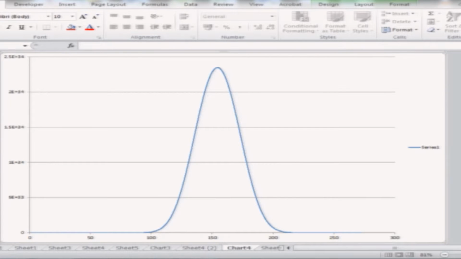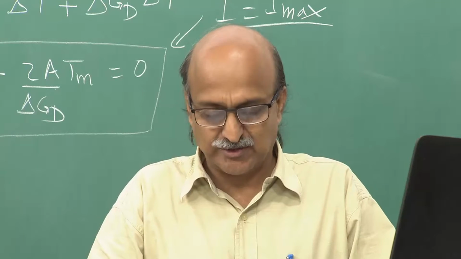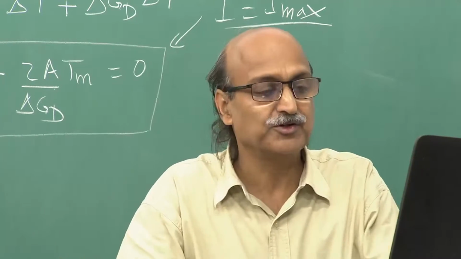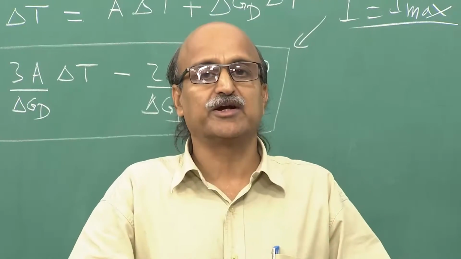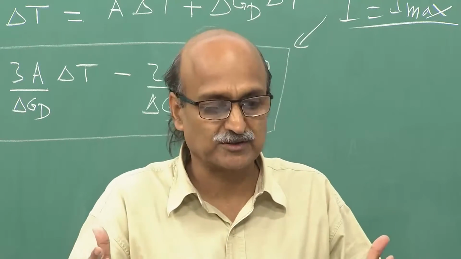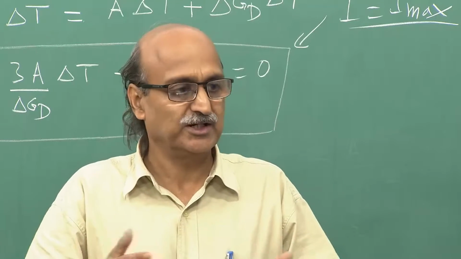Now, what we have done in this lecture up till now is we have looked at the critical undercooling, we have looked at the maximum nucleation rate, and we have understood how the nucleation rate in a system where homogeneous nucleation is taking place is going to vary with the undercooling.